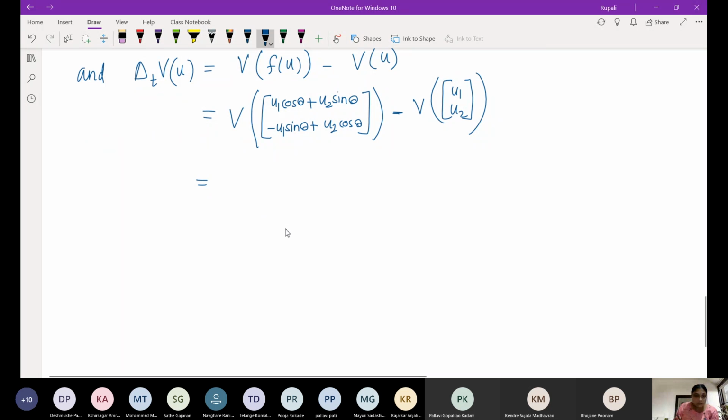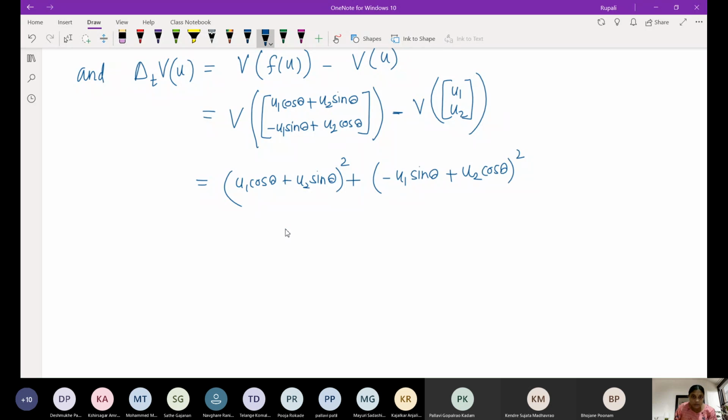Instead of a matrix, it is a vector, so V is the first coordinate square plus the second coordinate square. So it is U1 cos theta plus U2 sin theta, bracket square, plus minus U1 sin theta plus U2 cos theta, bracket square.